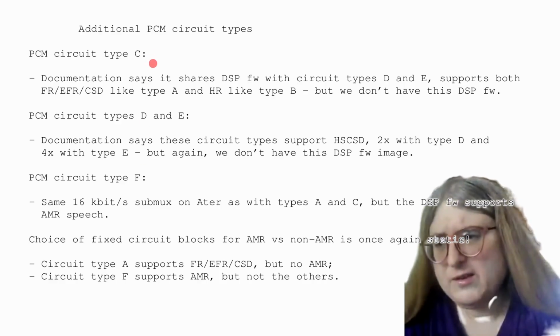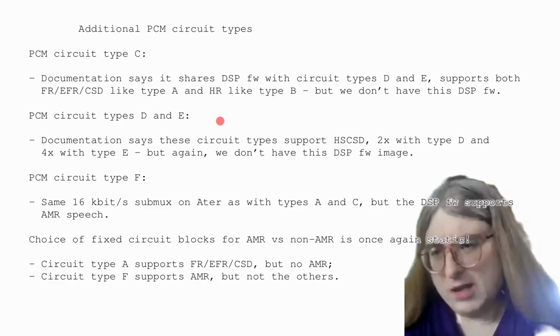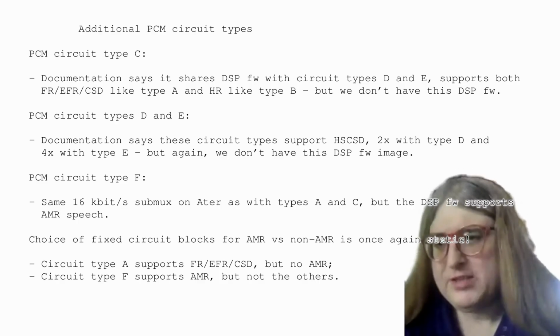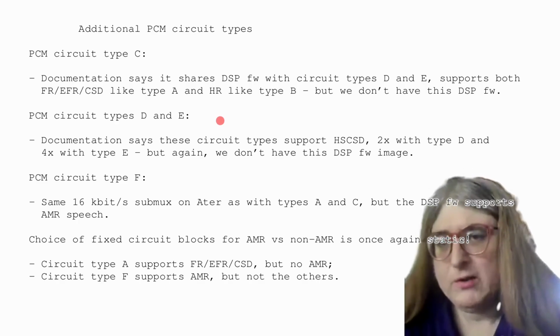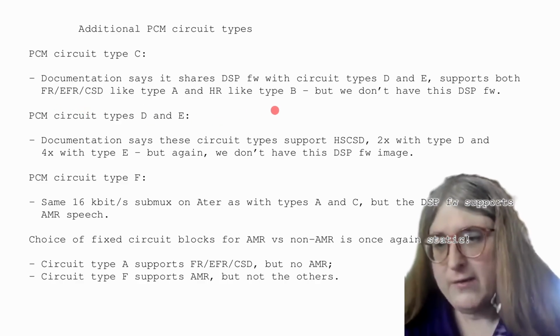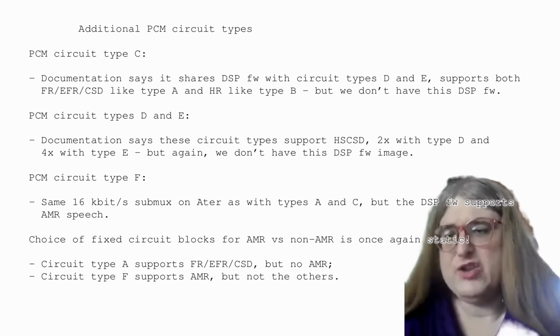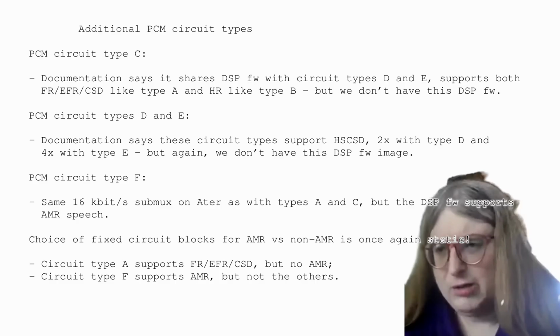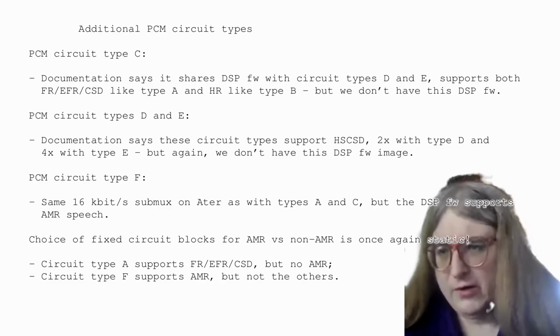For C, D, and E, we do not have the firmware. But according to documentation, type C supposedly will support both the FR, EFR, CSD, and half rate. But there's still a 16K channel, so I would imagine half rate will have half of it wasted. But I don't know. It's all guesswork. We don't have the firmware.